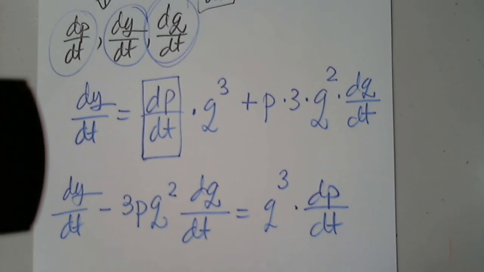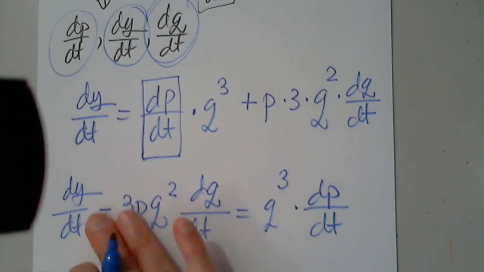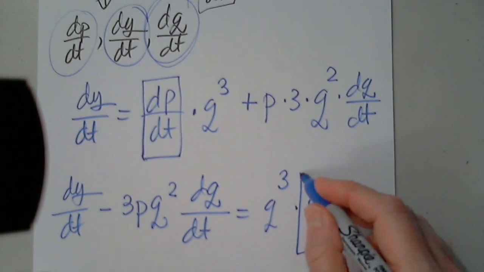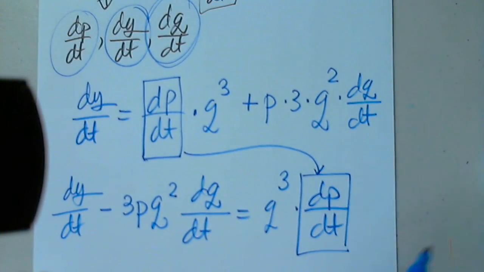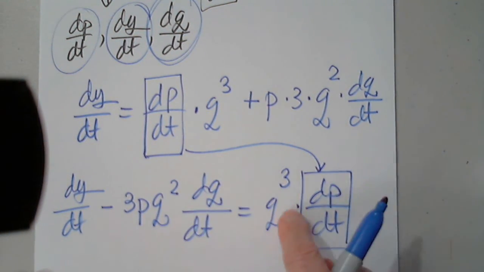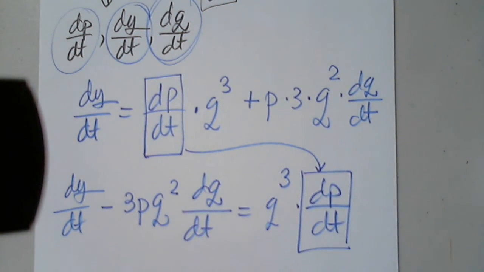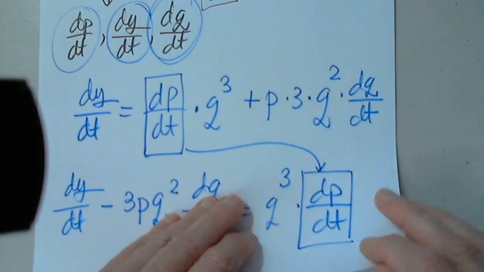Now I will divide everything by q to the third, because I am after this. And then I plug in those numbers.